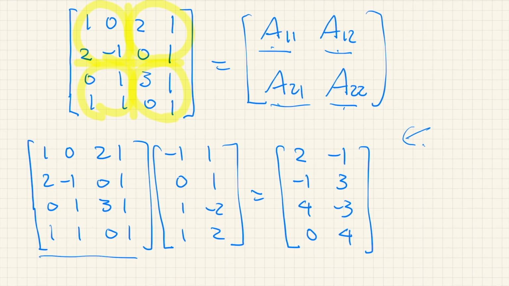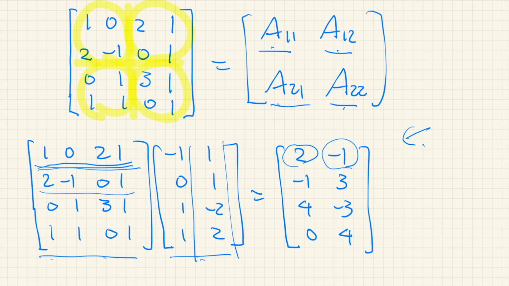We have this 4x4 matrix and this 4x2 matrix, and if we calculate this matrix product based on the definition, first take the first row and first column, then we get this, and first row and the second column we get this, and second row and first column we get this, and so on. So as a result, we have this matrix, but let's calculate this in terms of block matrices.